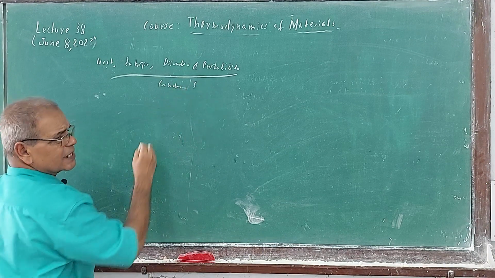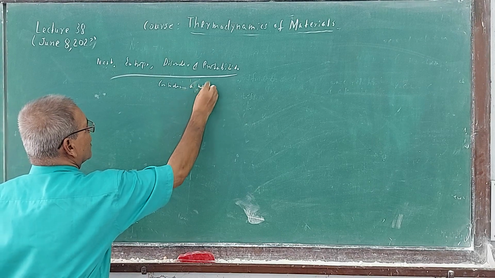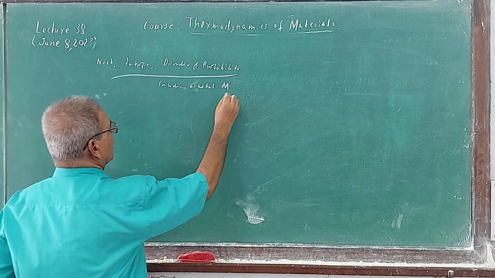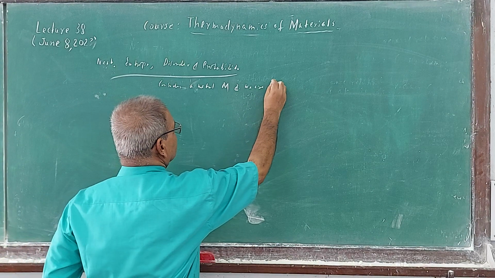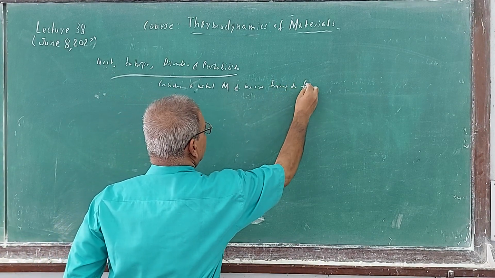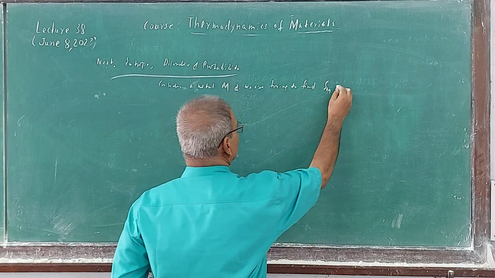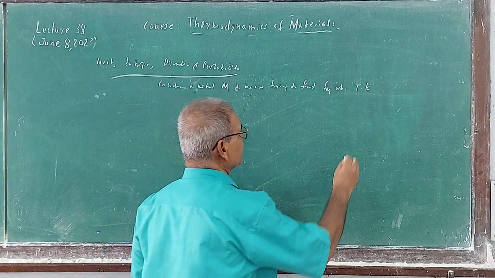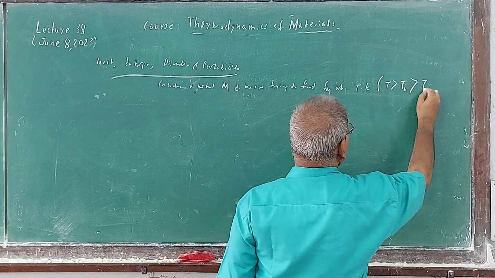Consider metal M, and we are trying to find entropy S of M at T Kelvin, where T is greater than boiling point, and boiling point is always greater than melting point.